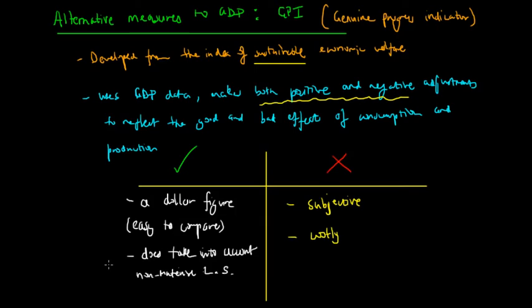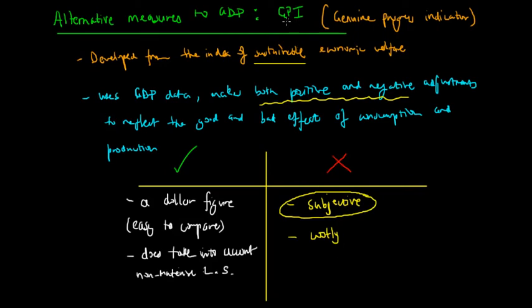Okay, so that is the major difference between GDP and GPI, is that perhaps the most important limitation is that these items selected are rather subjective in nature. This is the most important distinction between GDP and GPI. And costly statistical figures, that's a minor need.